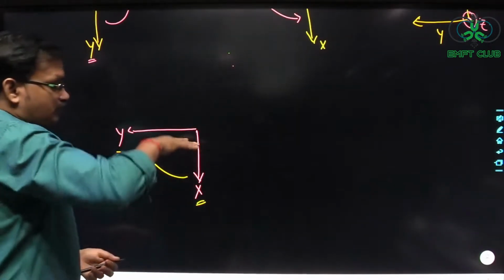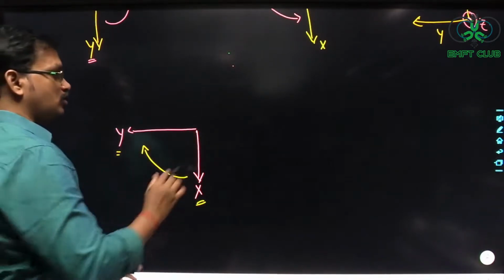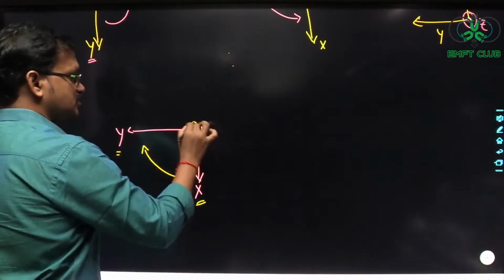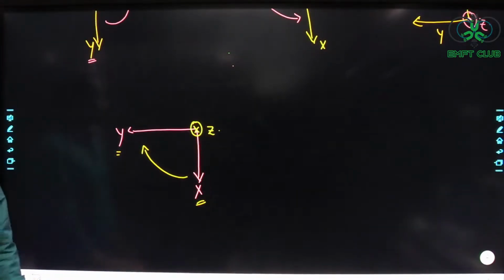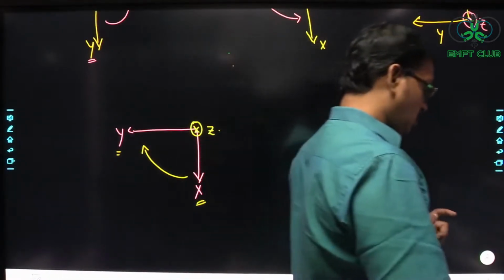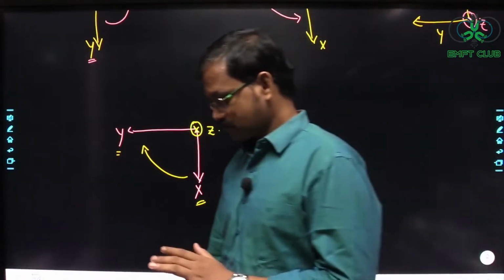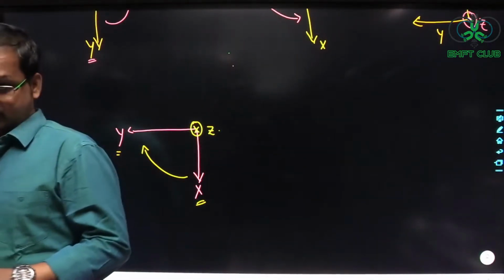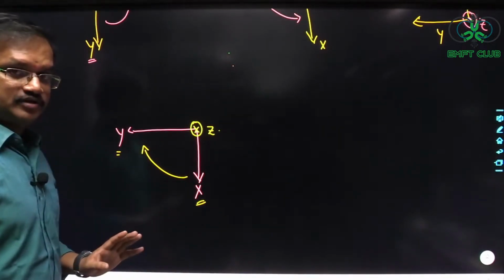If you curl your four fingers from x to y, then the thumb is pointing into the board. So in this case, the z-axis has to point into the board. In this manner, you have to draw the coordinate axis. Understood? So this is called the right hand convention, right? You have to follow this right hand convention.